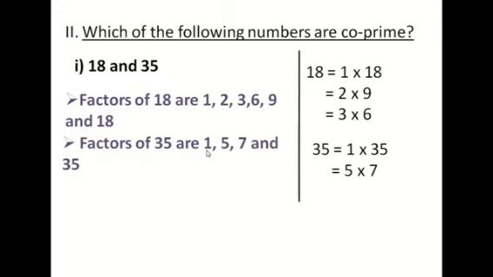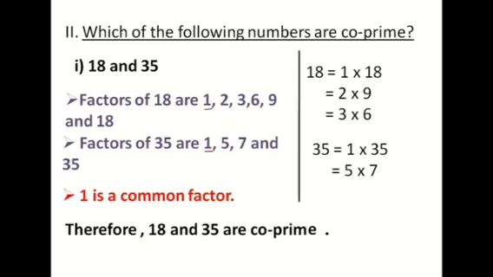You can underline it also. I have already underlined. So write down, 1 is the only common factor. Therefore we can tell 18 and 35 are co-prime numbers. I hope you all have understood.